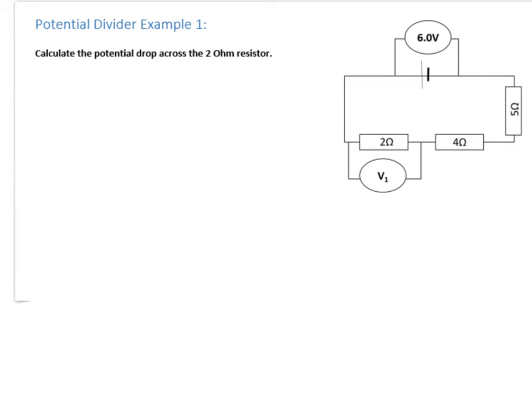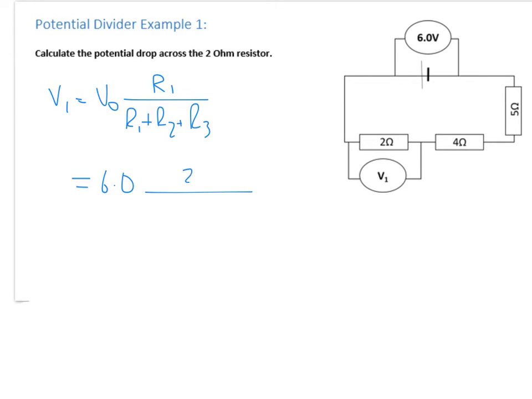Okay, so we've got this circuit here, and we want to know what the potential drop is across the 2 ohm resistor. Now, potential drop is the same as the voltmeter reading if you connected it in parallel with it. So what we're going to do is first write out our equation, and then we can substitute our numbers in.